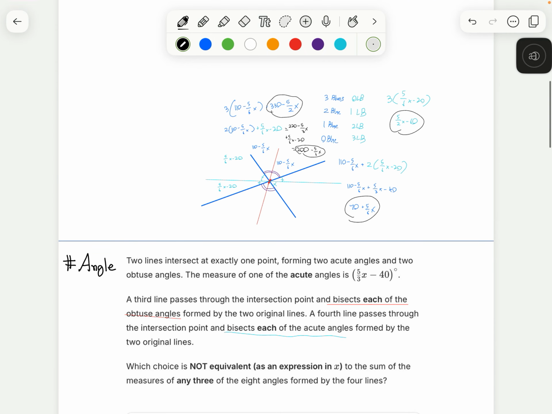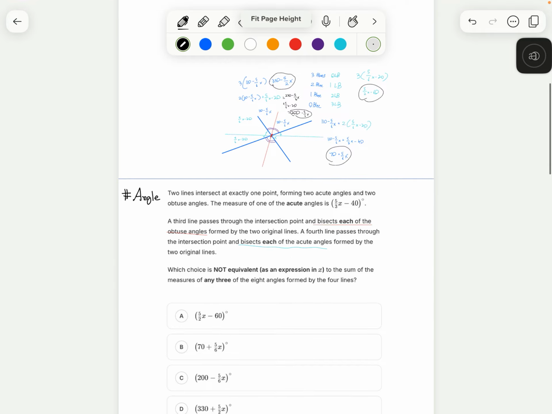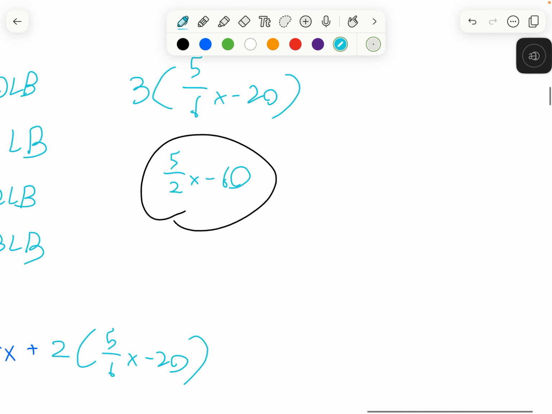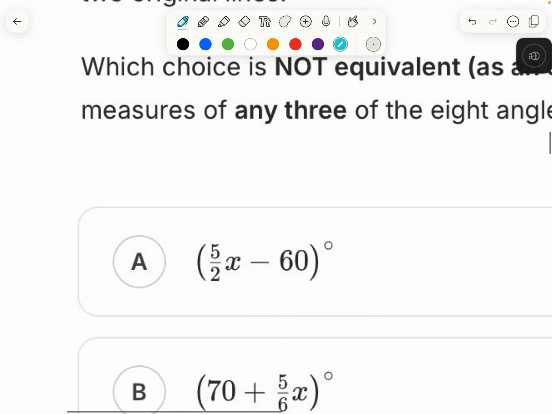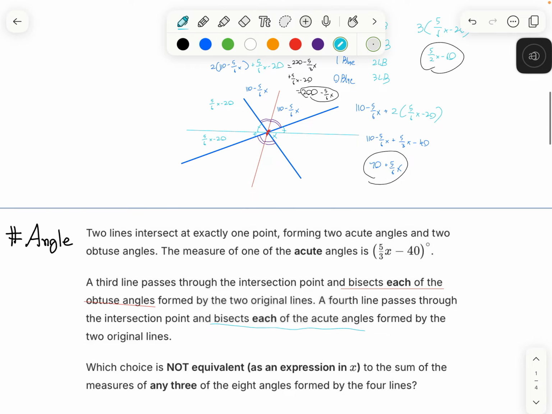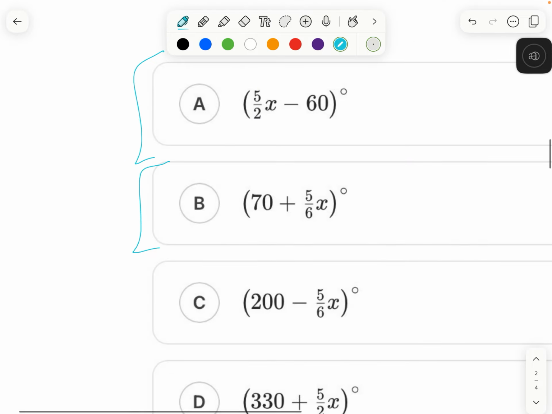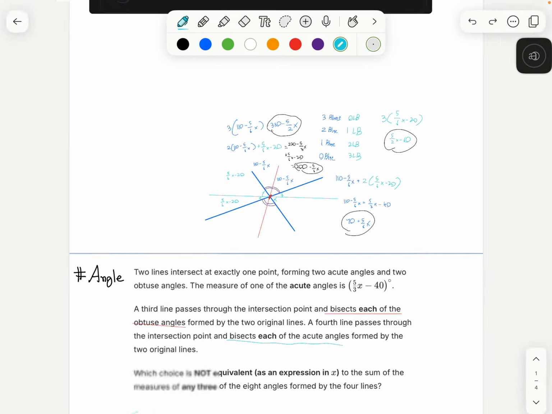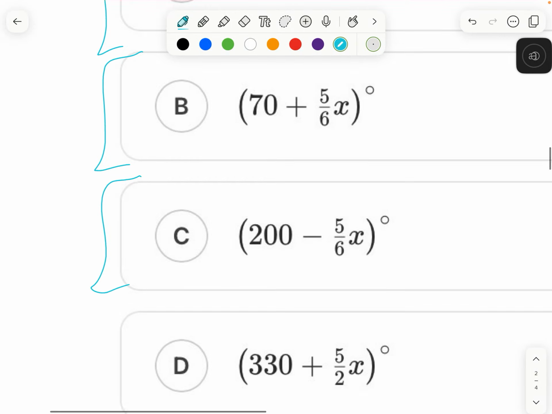Which one of those do we see in the answer choices here? Well, I see 5/2 x minus 60 here. I see 70 plus 5/6 x here. I see 200 minus 5/6 x here.